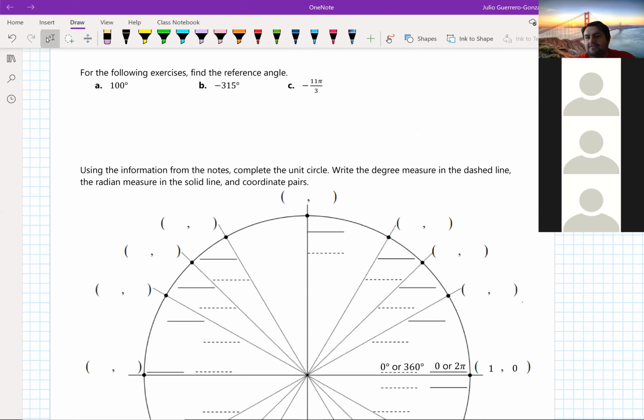So would it be 80 degrees? Mm-hmm. Okay, got it. It's the equivalent angle in that first quadrant, whatever it is.